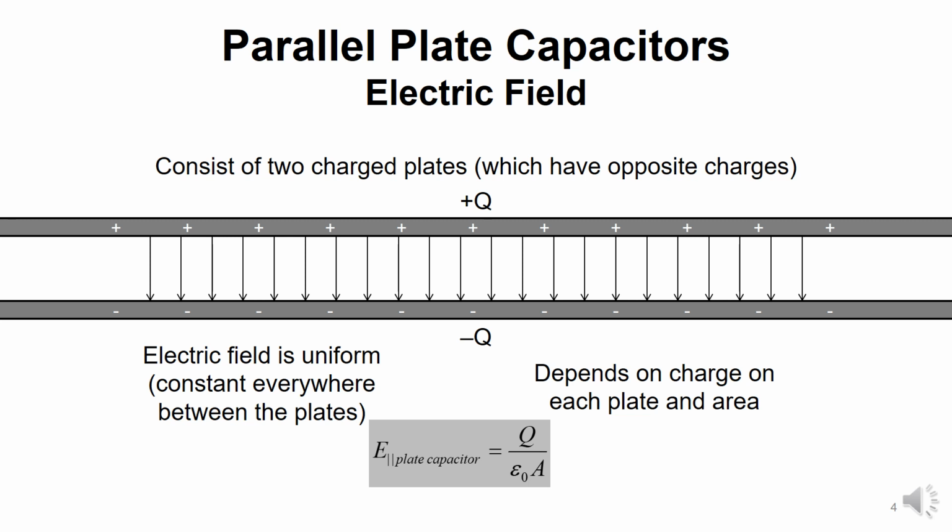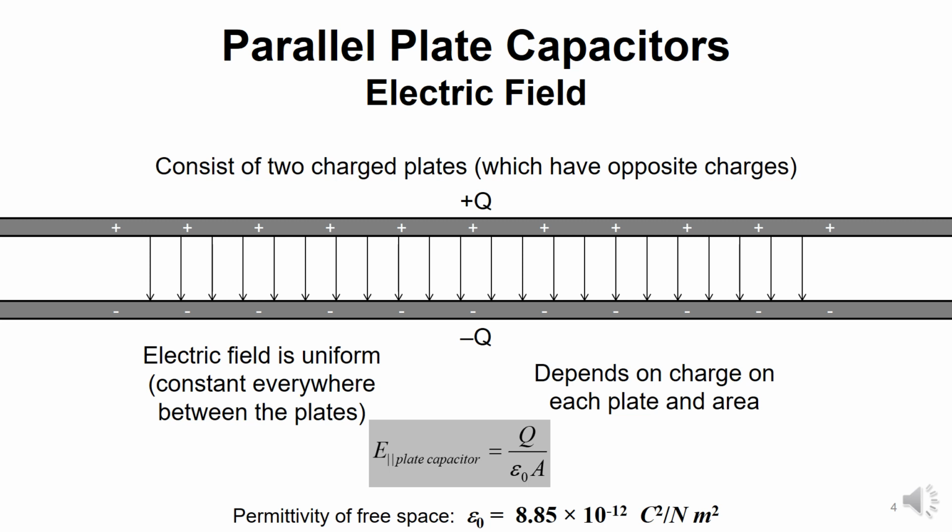Let's look at the field equation. This is the field that we have in between the capacitor. We know that the field is constant, and if you want to calculate the field, this is the equation that we use. It depends on the charge of the plates, Q, and it depends on a constant, epsilon 0, which I'll talk about. For now, let's just circle it.